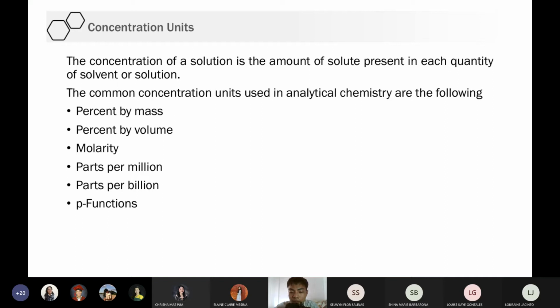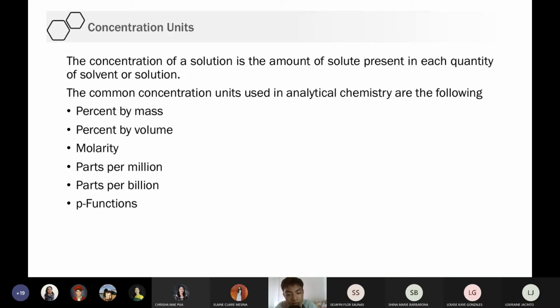So sinosolve yon, okay? Magde-deal tayo with fractions dito. So the following are the common concentration units used in analytical chemistry. Number one, we have the percent by mass, percent by volume, molarity, parts per million, parts per billion, and the P functions.